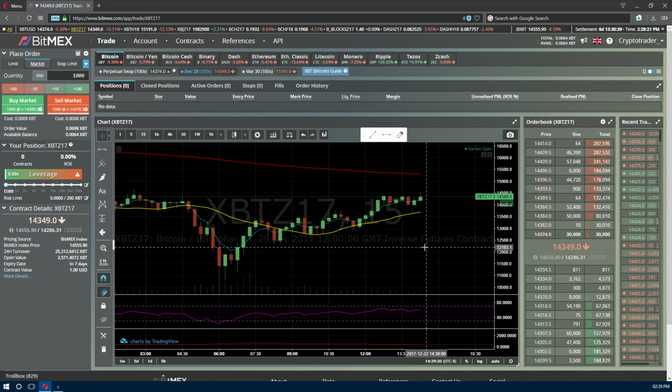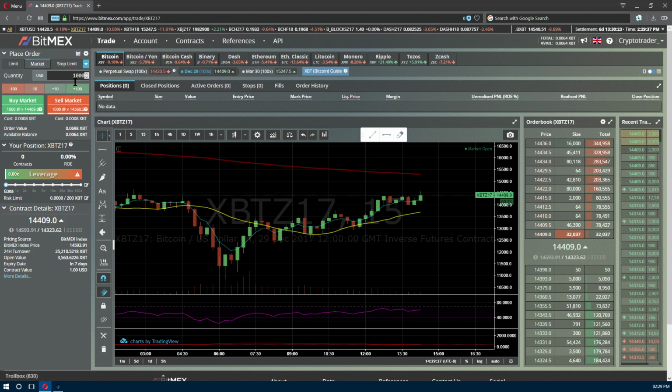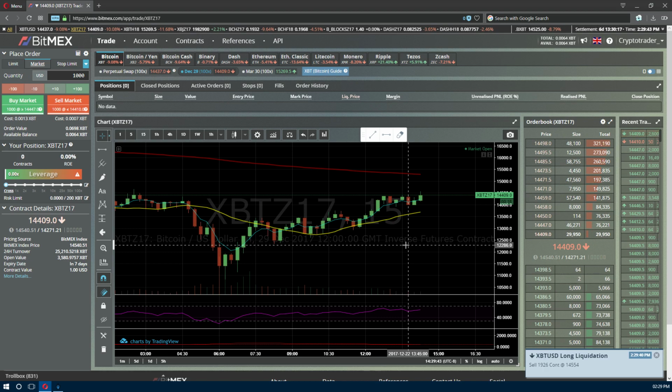So no matter how much money you put in, your liquidation is going to be like $50 away. Cross is good for that. So if you only want to use $1,000 to play with right here, then based on the amount you have in, it'll liquidate you based on how much money you actually have in. It automatically calculates it for you.